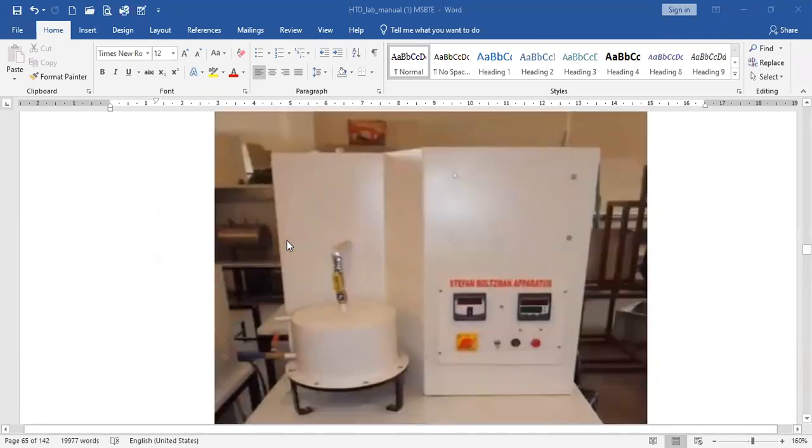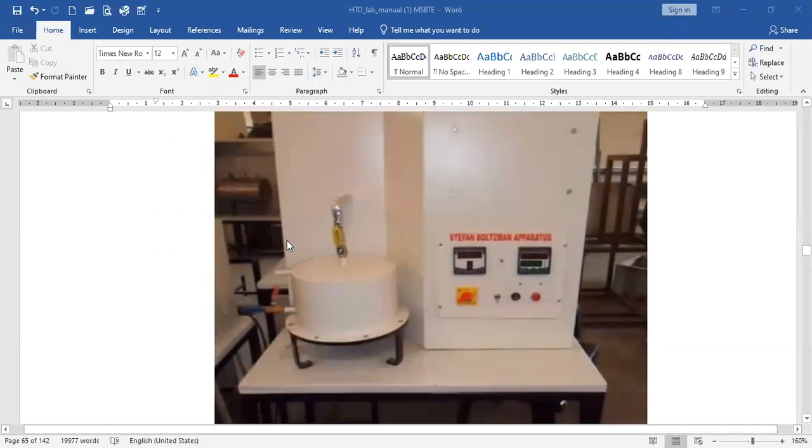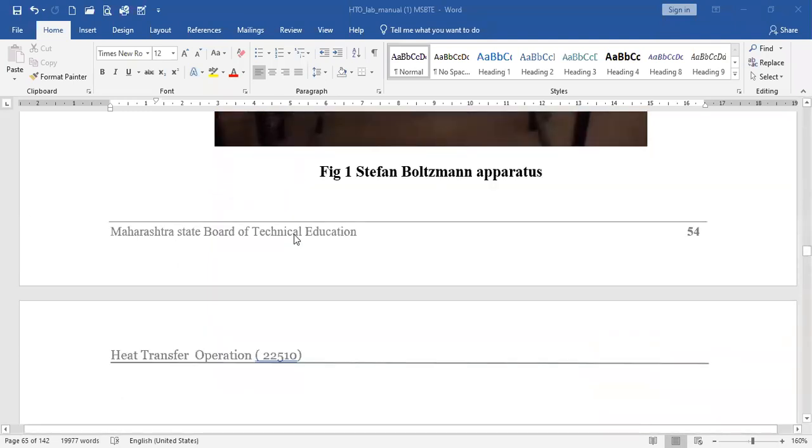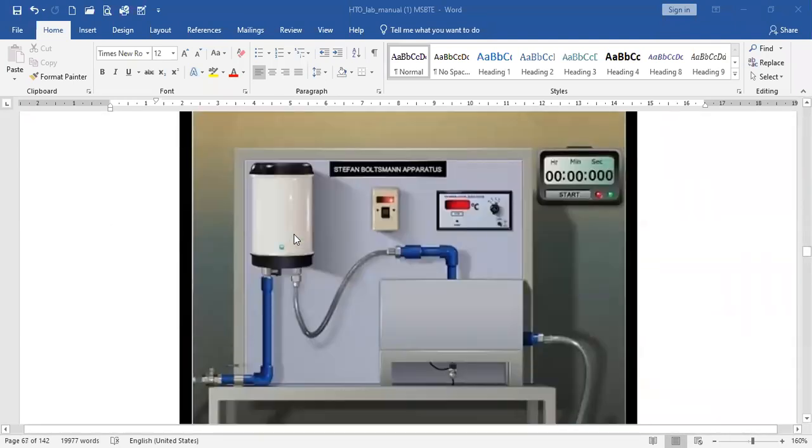Now this is one of the experimental setups. The experimental setup may be like this or like this, and we are also going to show you the actual experimental setup in our premises.